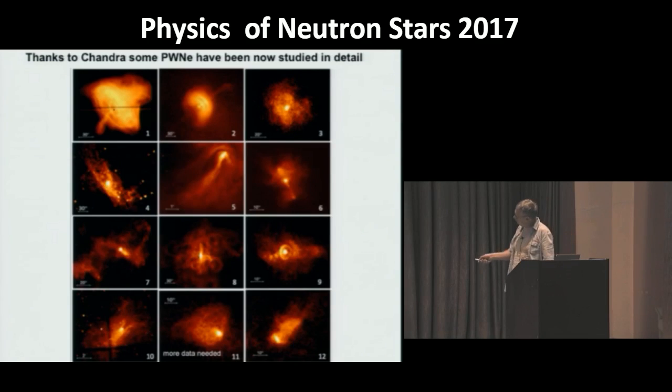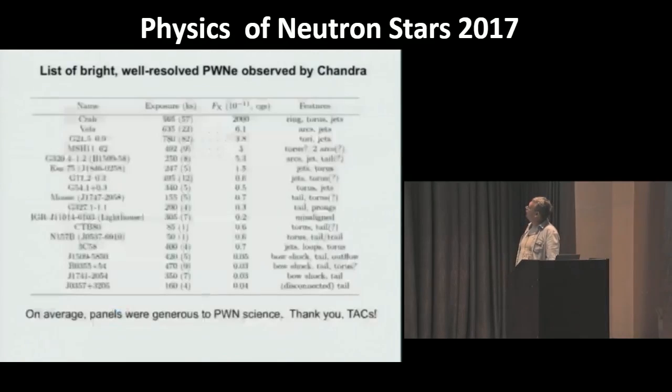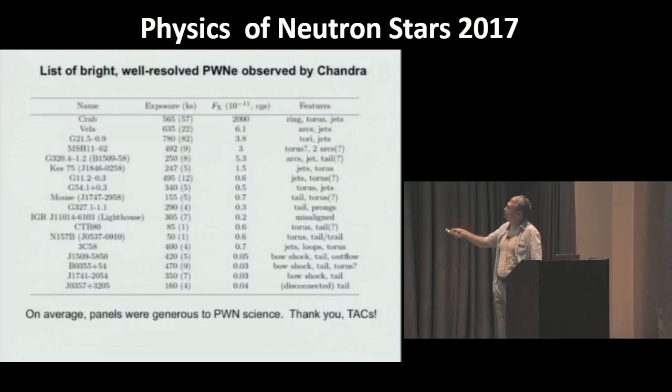There may be some improvements needed for a couple of them, but we have pretty good data for these ones, and that's why I will focus next on these nebulae. These were the pictures, and here are the same well-studied pulsar wind nebulae collected in a table. There are about 18 objects, I believe, and the details, exposures, and total fluxes are here.